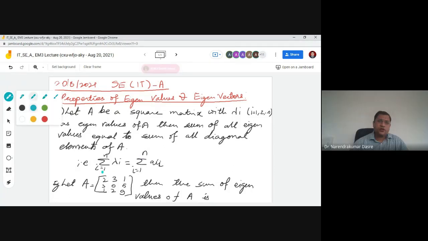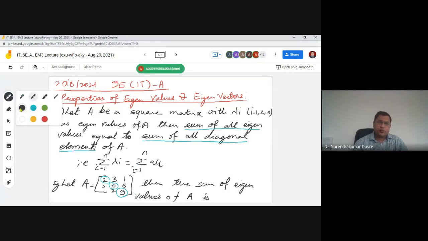What do we have here? This is a diagonal element, this is a diagonal element, and this is a diagonal element. This property says that the sum of all eigenvalues is equal to the sum of all diagonal elements, and these are the diagonal elements here.